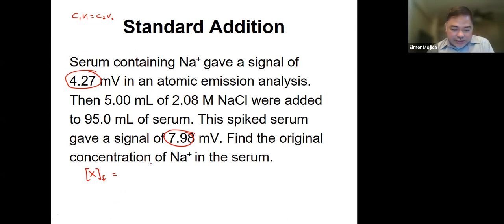So if we're going to have an XF here, that's just Xi times initial volume over final volume. And you don't know this one because that's the one that we're usually going to look for. But what do we know? We know the initial volume that was added there, and that is what? 95 ml. So 95 plus 5 will give you 100 ml.